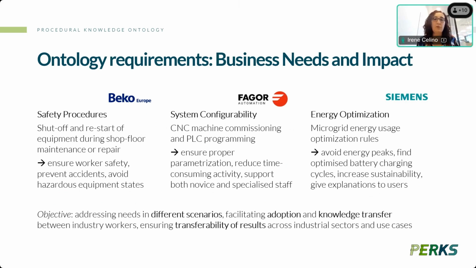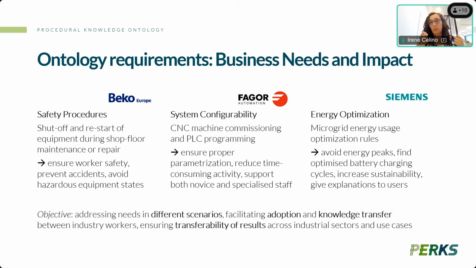So we had very different requirements, which had some things in common and a lot of things different from one to the other. But the idea of getting requirements from such different cases was to build an ontology that could be transferred then to other cases. And as I will tell you later, this actually happened.